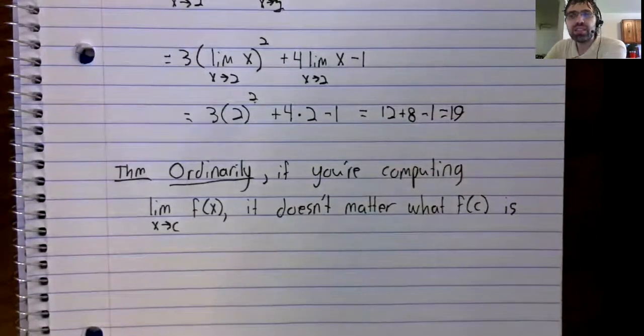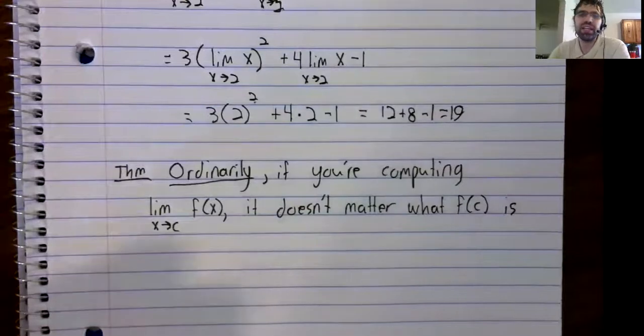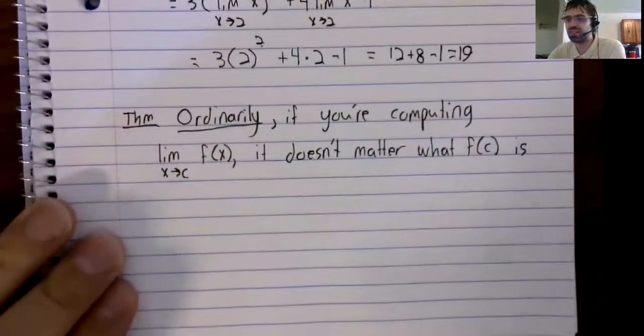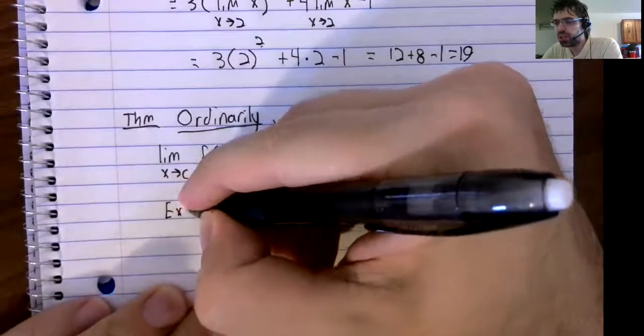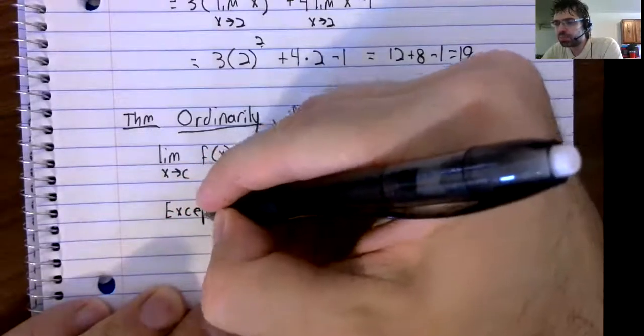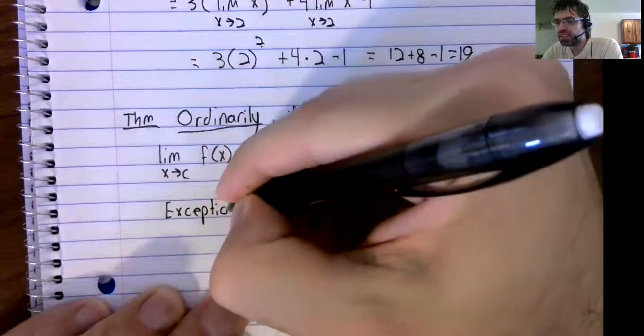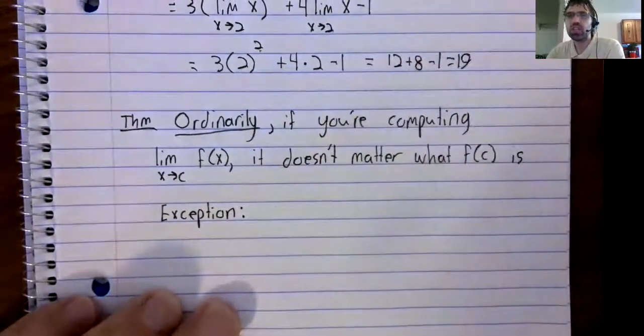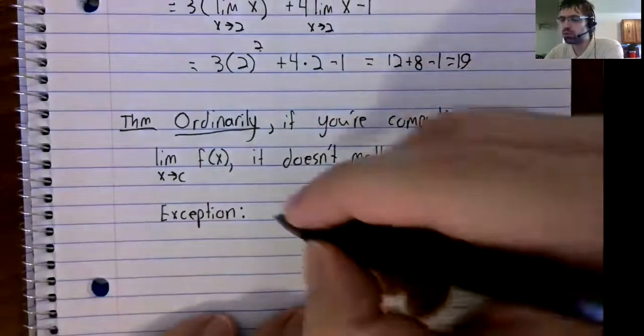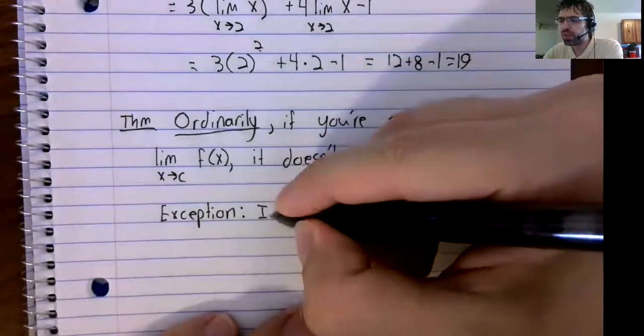In most cases where we compute the limit, f of c won't even exist. This theorem is an exception to that general rule.